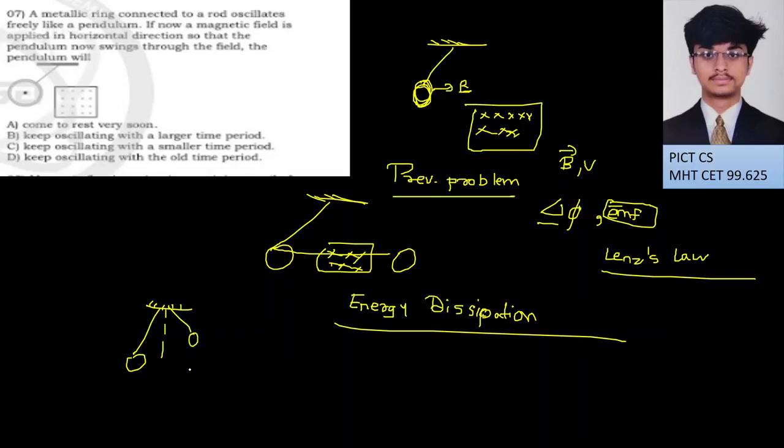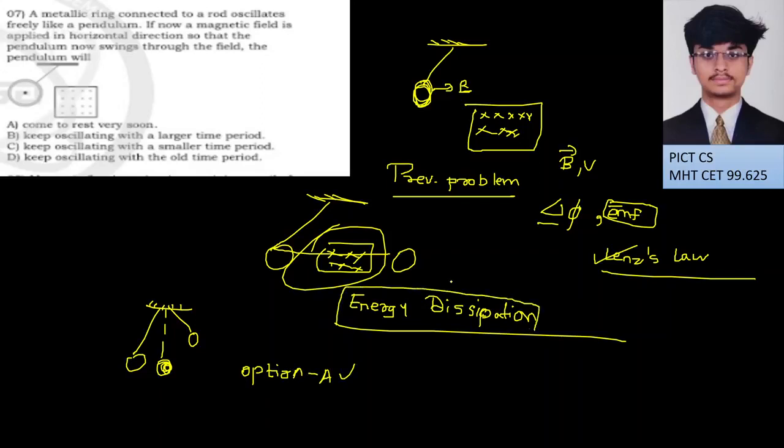It will move left, right, and come to rest very soon. Why? Because it is getting opposed by the field. Due to Lenz's law, energy will get dissipated and it will come to rest. So I think option number E is matching. Come to rest very soon. The basic hint behind this question is energy dissipation due to change in flux.